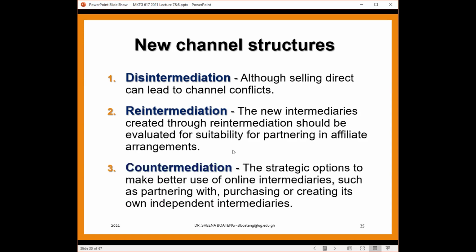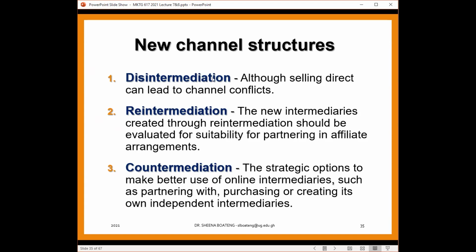We can also talk about counter mediation, where the supplier or the seller can benefit not just from disintermediation, but from re-intermediation by not just setting up platforms to sell directly to customers, but also setting up new intermediaries to sell to customers, or partnering with these intermediaries. And this is what we refer to as counter mediation.